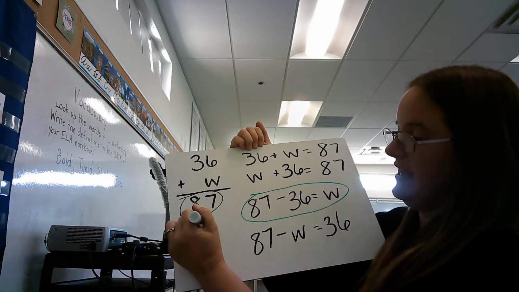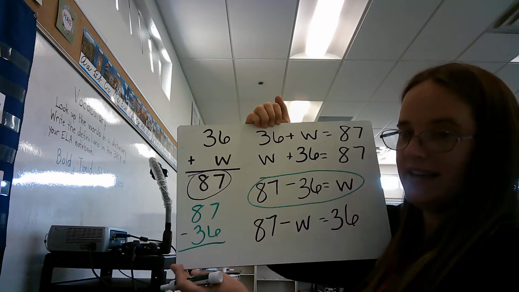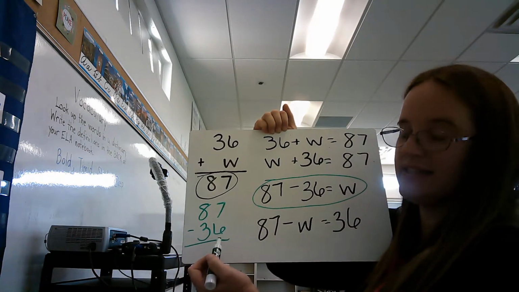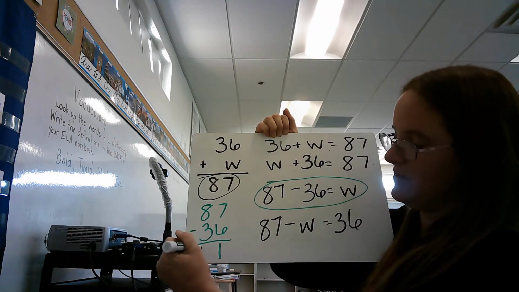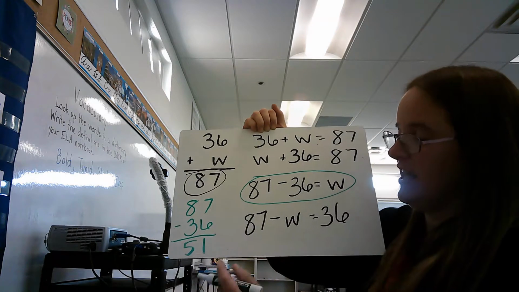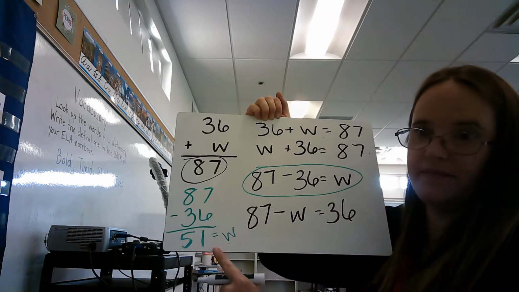So here I can write 87 minus 36, and then I can solve it. 7 minus 6, I can do that without borrowing. I'm going to get 1. 8 minus 3 gives me 5. So W must be 51.